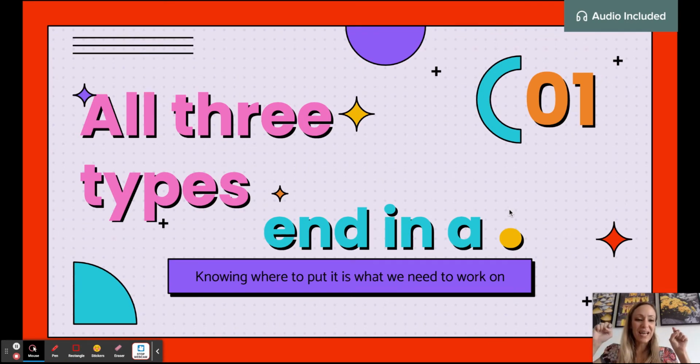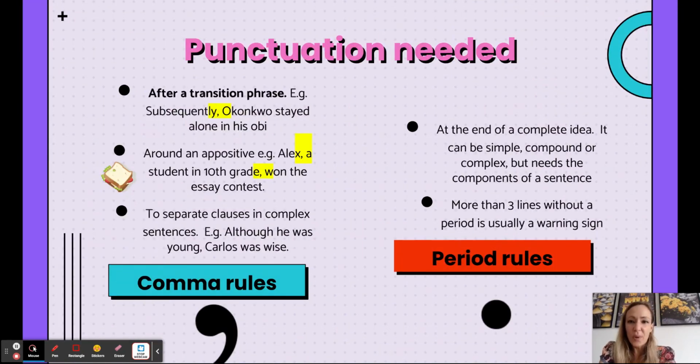So knowing when an idea is complete is a challenge for some of you, because if we don't put the full stop where that complete idea is, then we end up with a run-on sentence. Okay, so here are a few basic rules for when to use a comma and when to use a period. Let's begin with the commas.